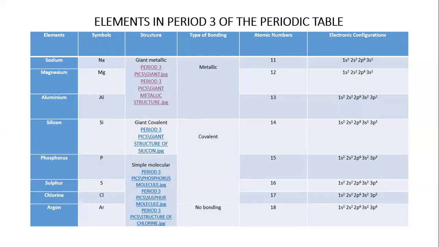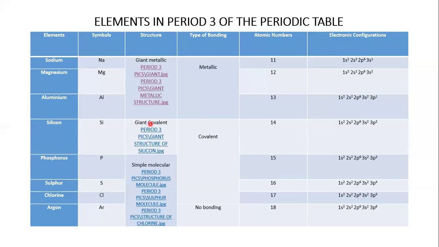So it forms a giant covalent structure. It would be giant metallic if the type of bonding was metallic, but in this case the type of bonding is covalent. So that's why we call it giant covalent.